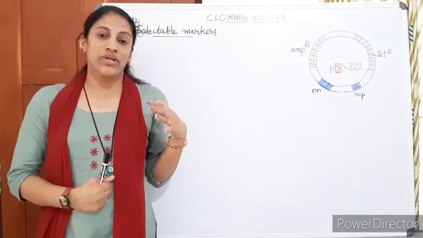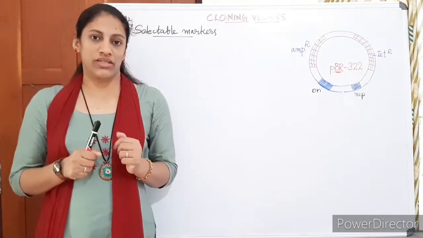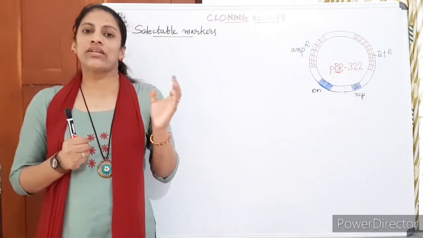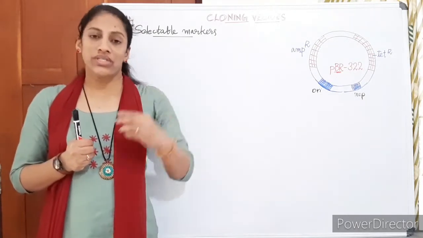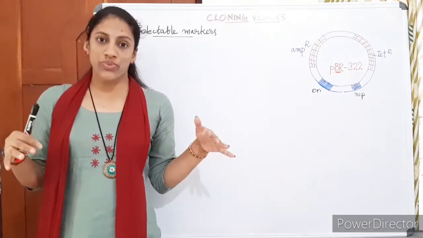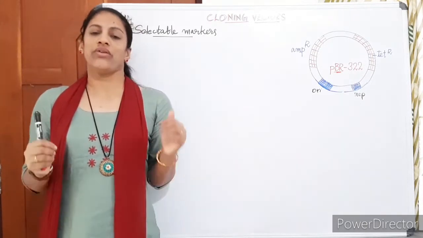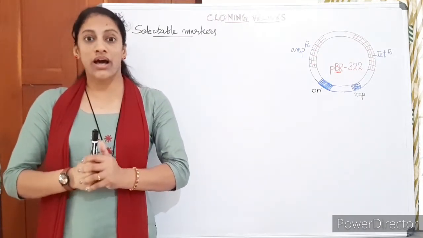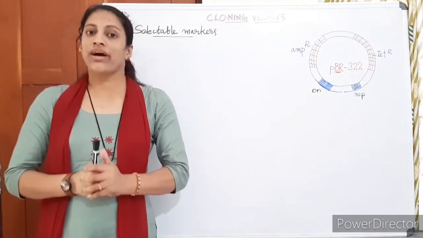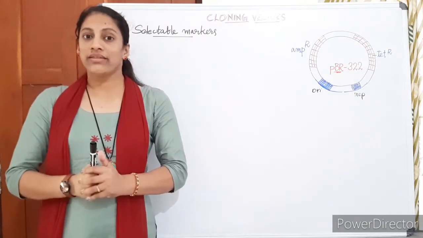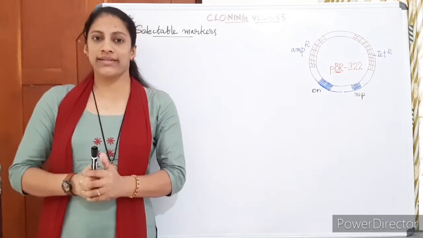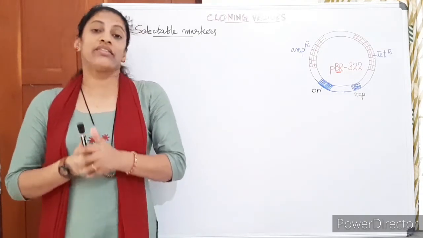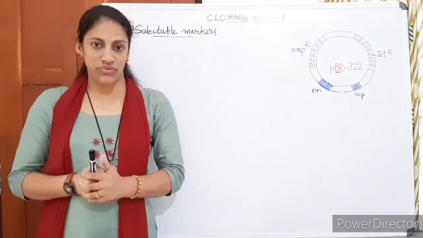All this work that we carry out using genes, I mean, we are cutting genes with enzymes and we are ligating a piece of DNA with DNA ligase enzyme. All this work we can assure with the help of selectable markers. Selectable markers are made for a particular aim, so that they help us to select the recombinants from non-recombinants and transformants from non-transformants.